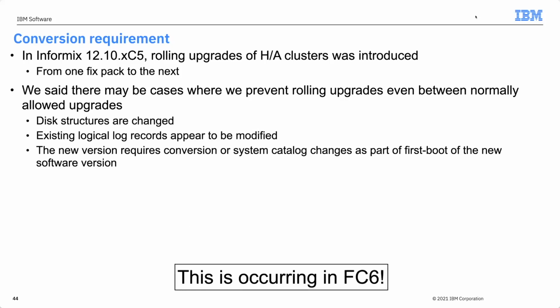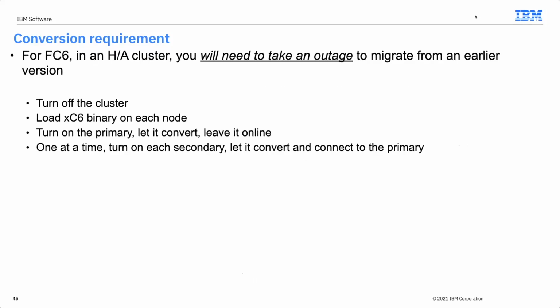We said, however, that there were certain conditions where we would prevent you from doing this type of in-place upgrade. And if you're moving from FC5 to FC6, this is one of those conditions. You will have to take an outage of your entire cluster to migrate to FC6.